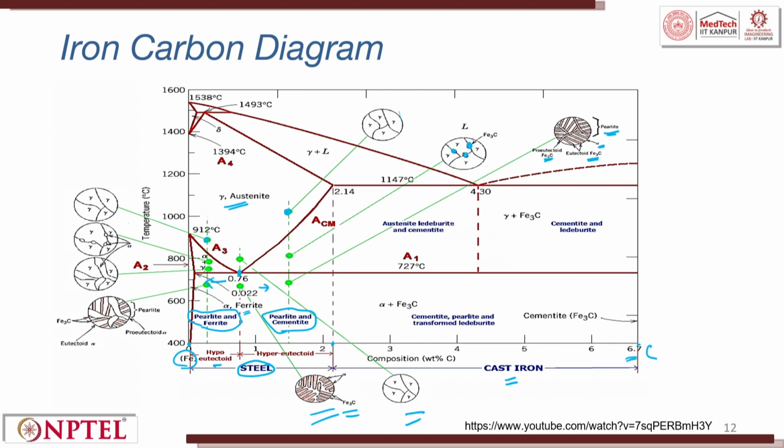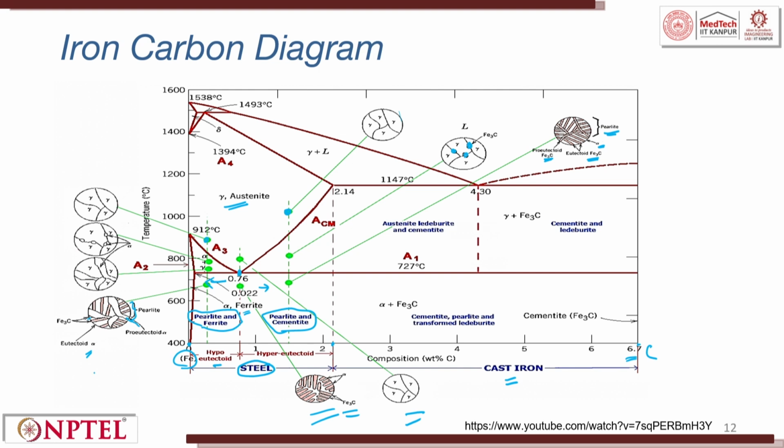If you see here, you can see how the microstructure is getting formed. You can see Fe3C and eutectoid alpha, and this structure is pearlitic structure, and you have an intermediate which is called hypoeutectoid alpha.